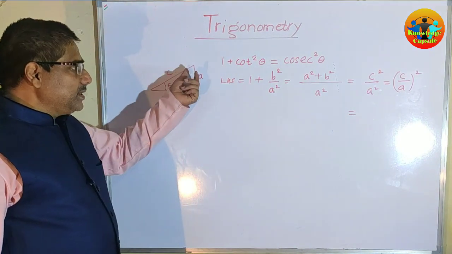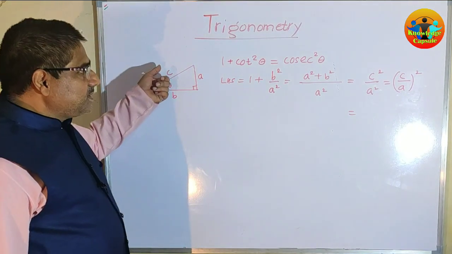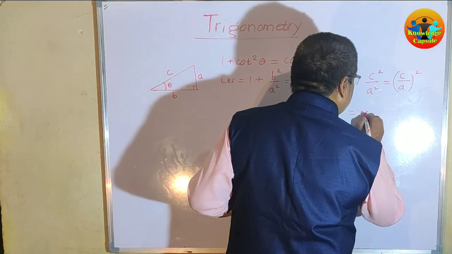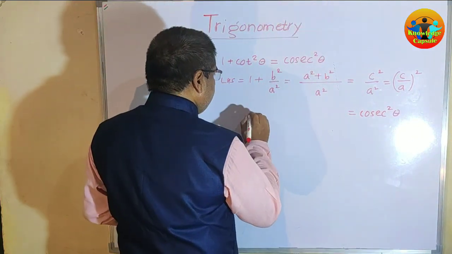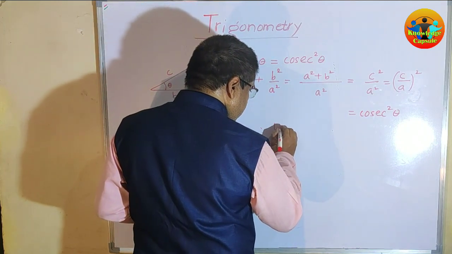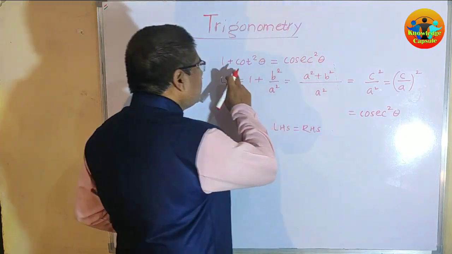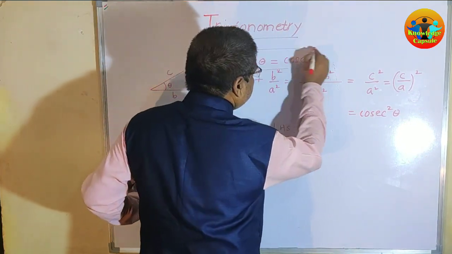Opposite side by hypotenuse is sin theta. Therefore, C by A ratio is cosec theta, and the square is cosec square theta. Therefore, we have got the third relation, LHS is equal to RHS, that is 1 plus cot square theta is equal to cosec square theta.